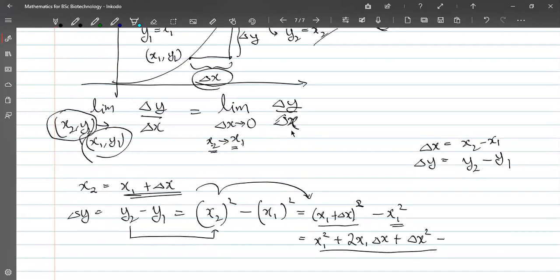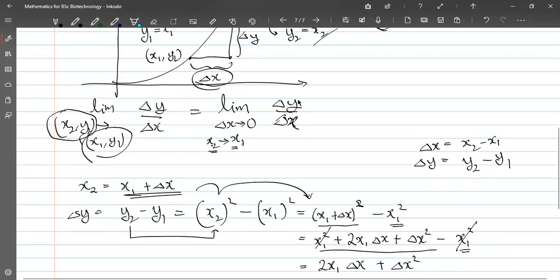And then we have this x1 square. So this first term gets cancelled with this last term. And we only have 2 x1 times delta x plus delta x square remaining. So what we want to evaluate is this.